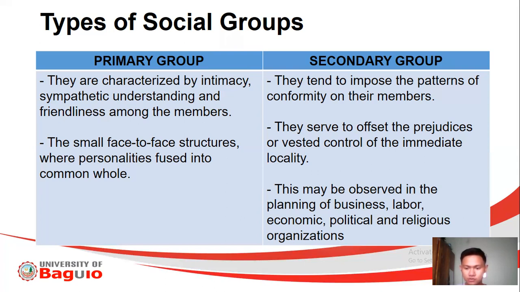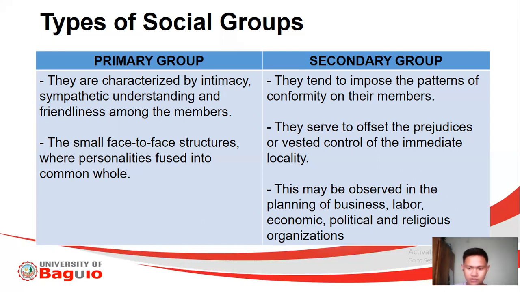Maybe some of you students, pagdating ng araw, magkakaroon din kayo ng mga trabaho, di ba? And the secondary group that I'm pertaining to is your workplace. Let us say naging teacher din kayo, naging engineer kayo. Of course, kailangan mong pumasok sa office, hindi porket yun ang trabaho mo.